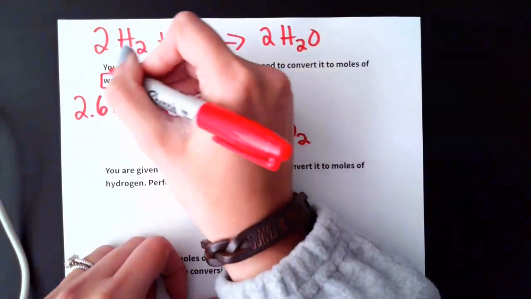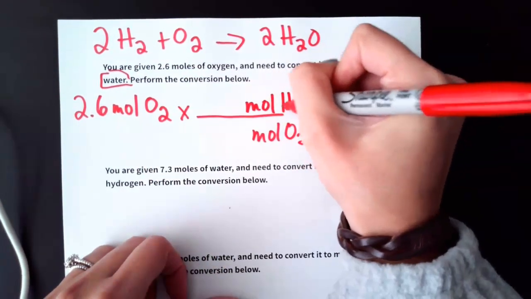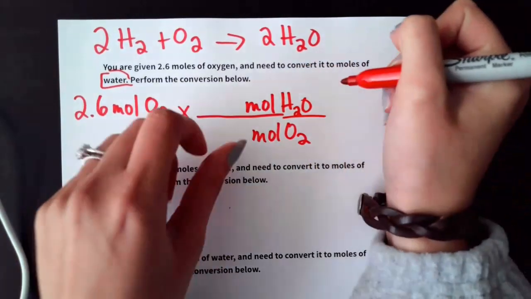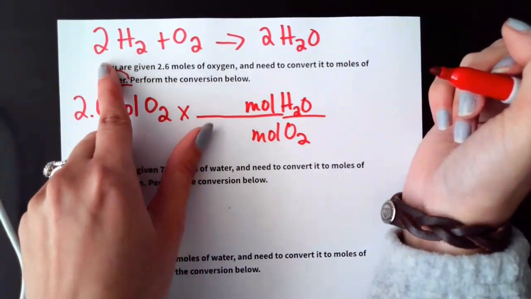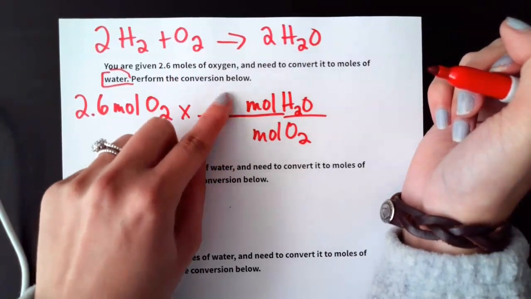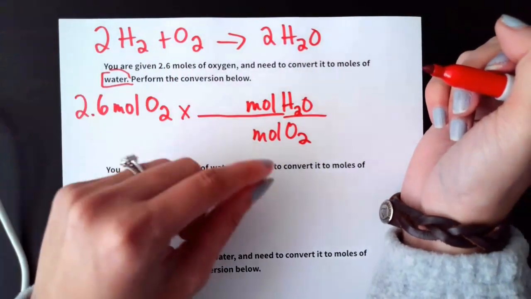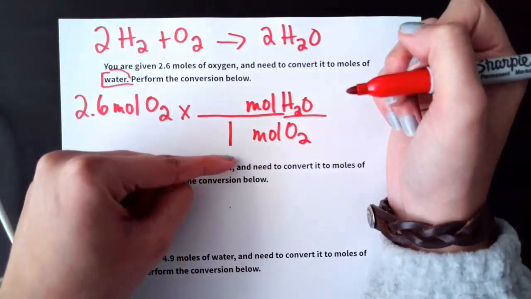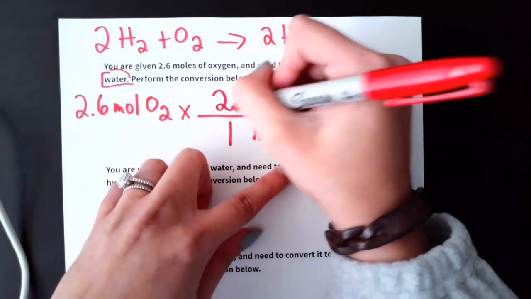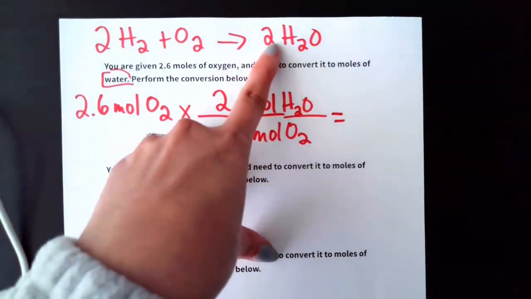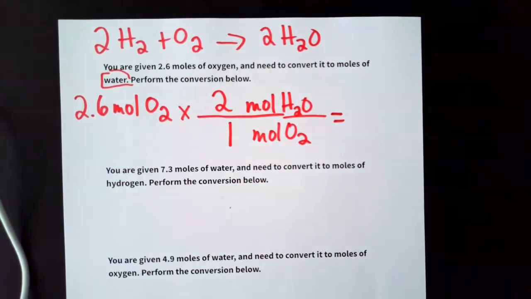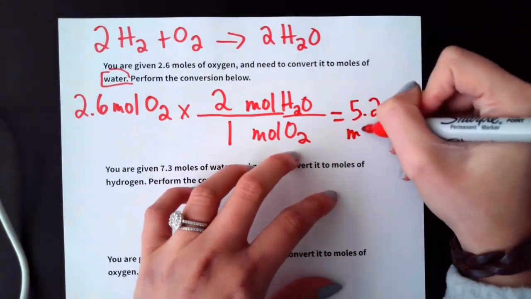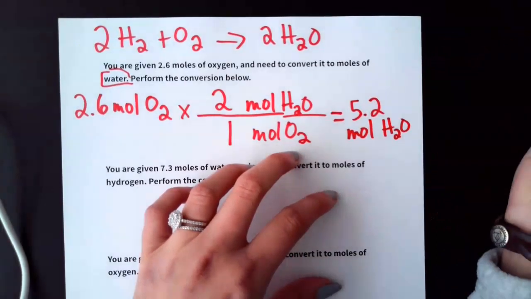We're trying to get to water, so mole of H2O goes on the top. Again, we're looking at the coefficients here in order to figure out what to put for a conversion. So I see this would be 1 because there's nothing there, so it's understood to be 1. And then mole of H2O is going to be 2. And I got that from that coefficient. And so this time, 2.6 times 2 is going to give us 5.2 mole of H2O. Okay?